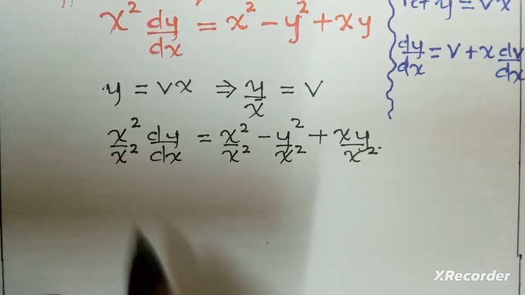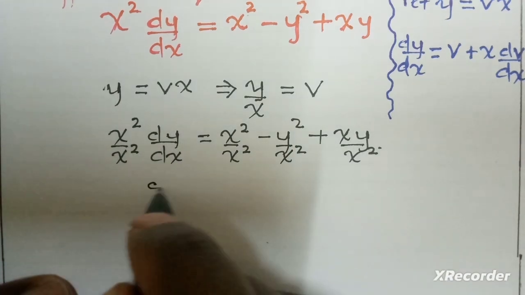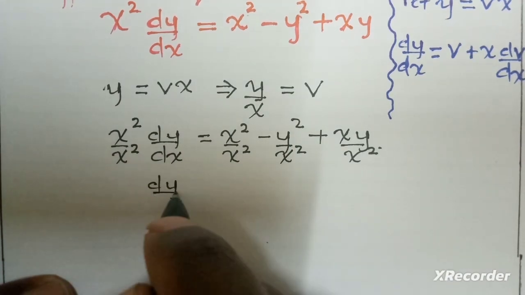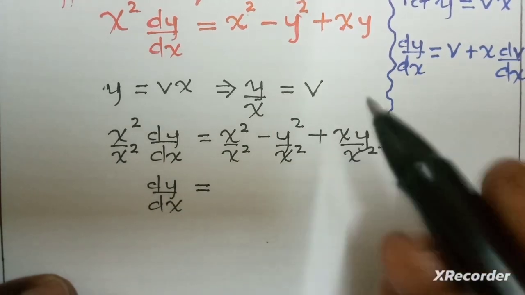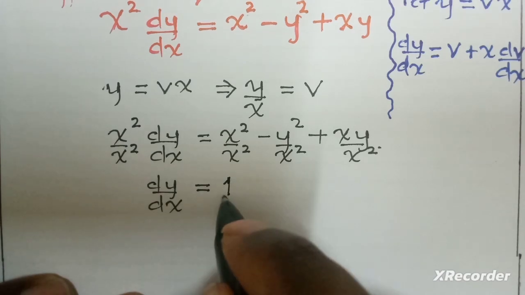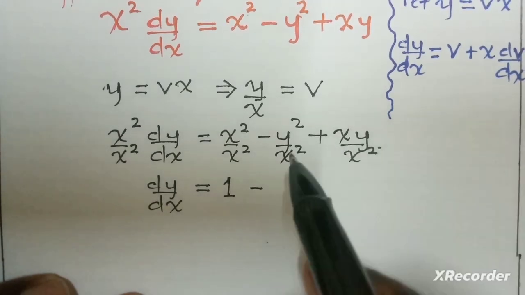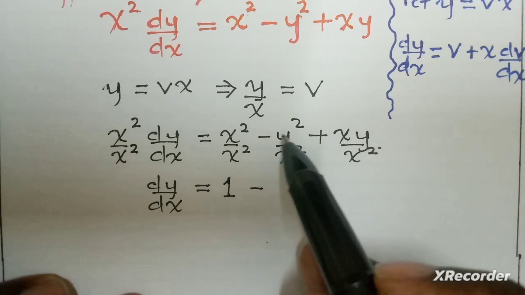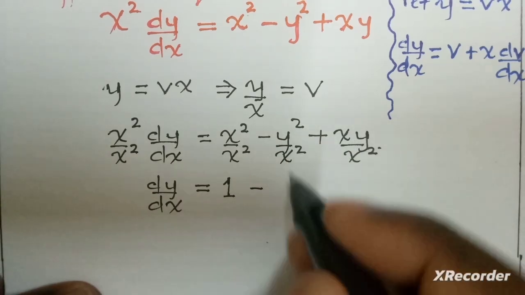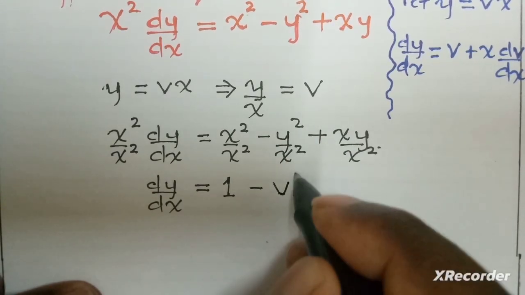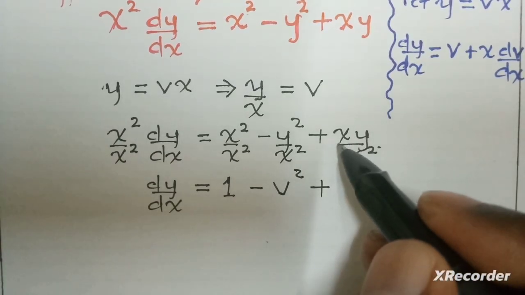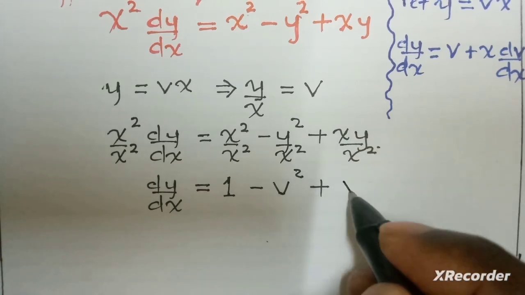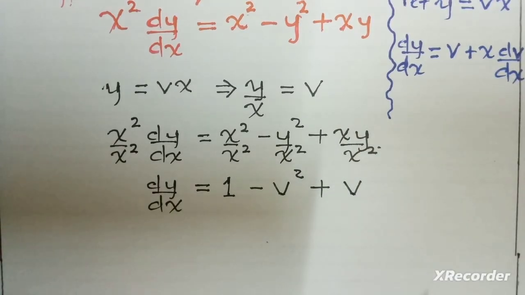So guys, we are going to find, this one will remain dy over dx. This will be equal to, now this is 1 minus this y squared over x squared, is going to give us v squared, like that, plus now we can cancel 1 x there and 1, so we are left with v. So guys, this is the equation now we are going to have.